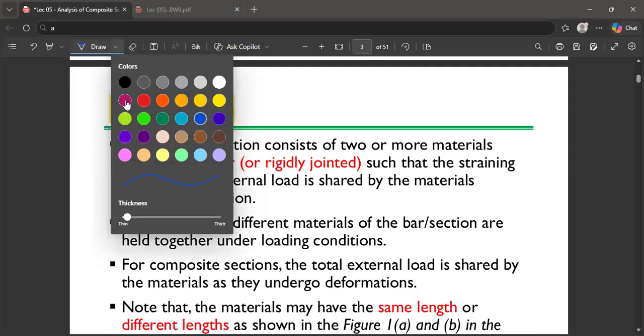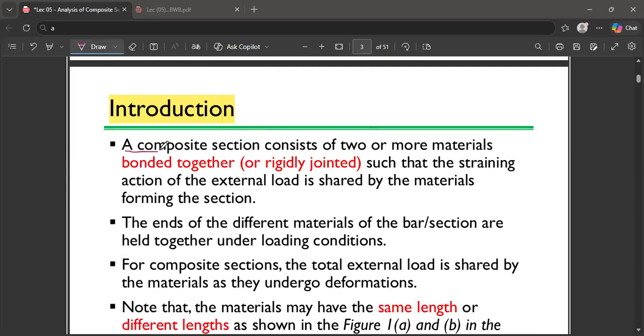We say that a composite section consists of two or more materials bonded together or rigidly jointed, such that the straining action of the external load is shared by the materials forming the section.